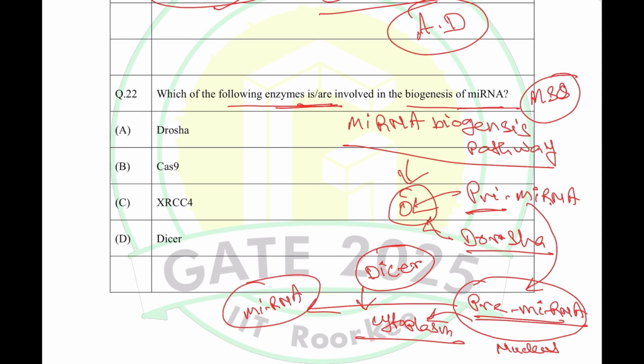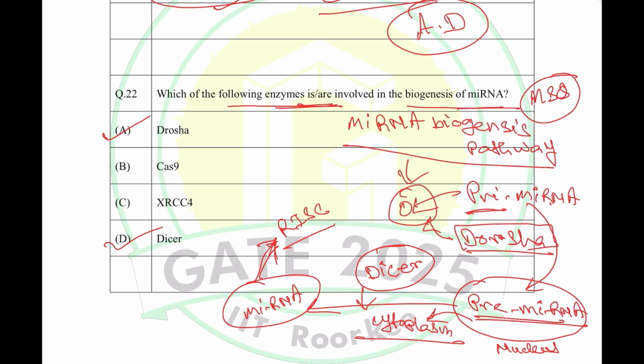So we get this mRNA, and from this one strand is loaded into the RISC complex, which is the RNA induced silencing complex for gene silencing. Okay, and this mRNA further helps in gene silencing. So here we are getting this Drosha and Dicer from this option.